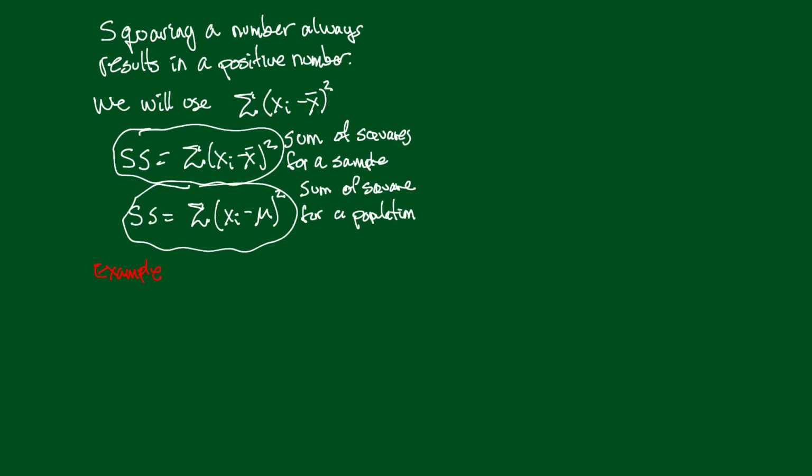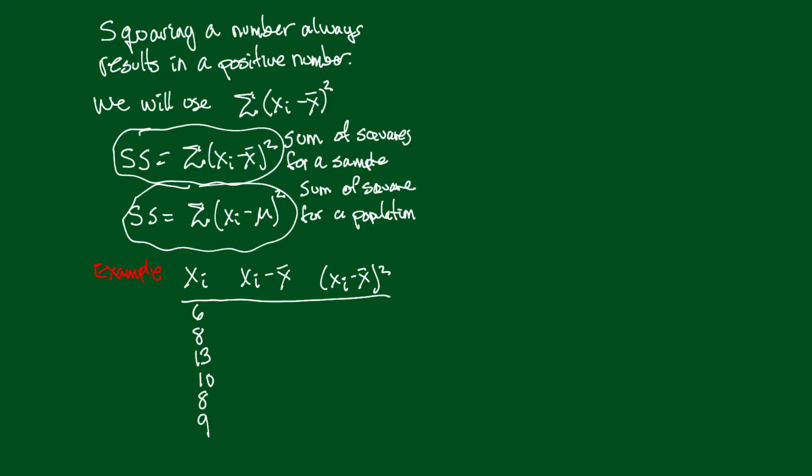So I'm going to do that in an example right now. Here's our example. Let's use the same one: x sub i, then xi minus x bar, and then we'll write a column for squaring it. The x's that we had were 6, 8, 13, 10, 8, and 9.